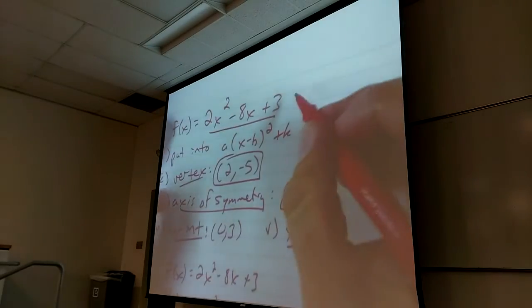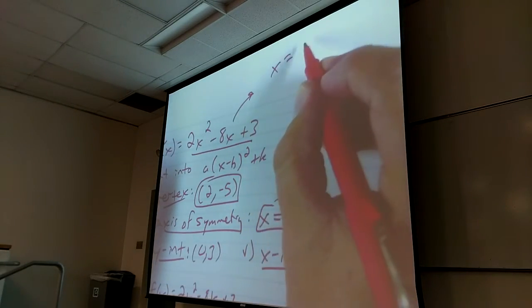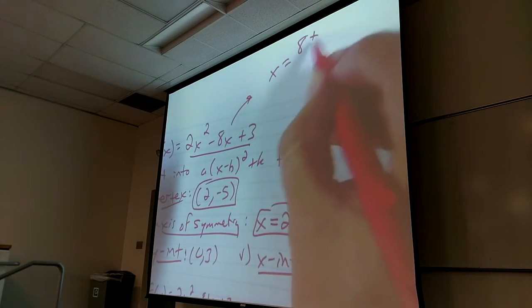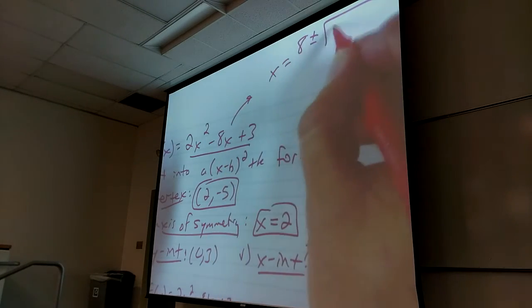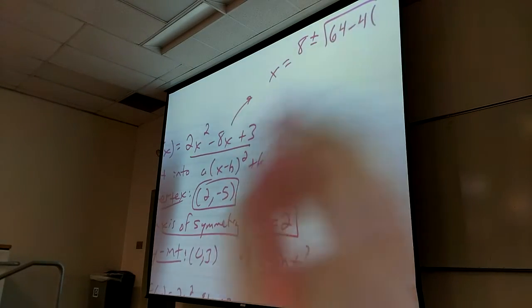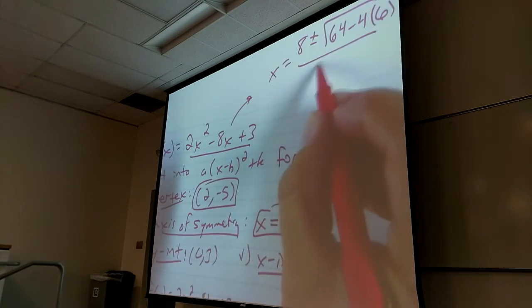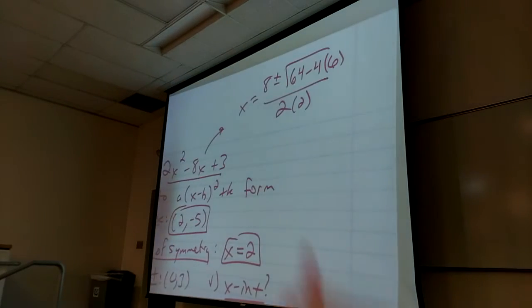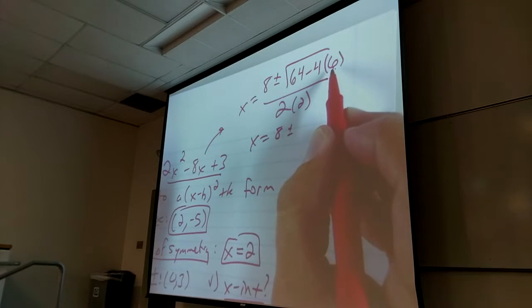So if I use the quadratic formula, x equals negative b, so it'll be 8, give or take the square root of negative 8 squared, 64, minus 4 times 2 times 3, all over twice 2. So x equals 8, give or take the square root of 64 minus 24, 40.